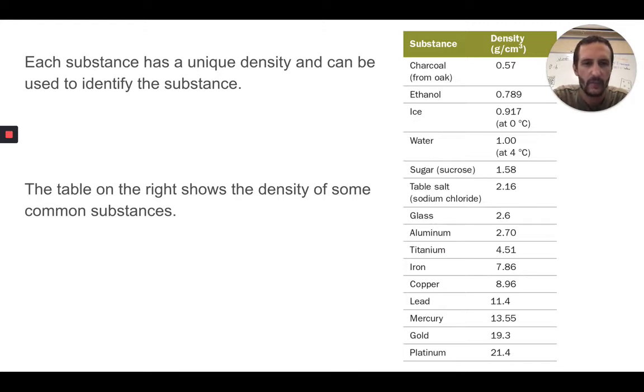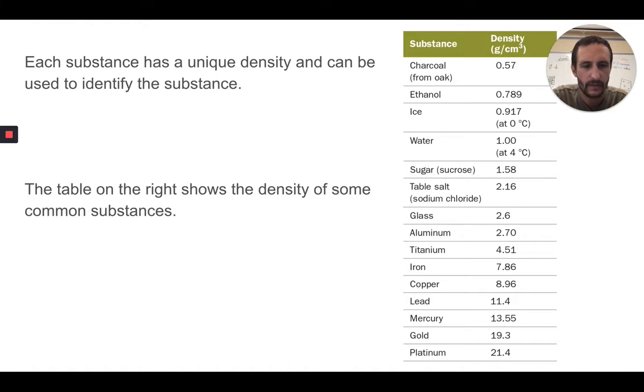This table right here shows some common densities for substances that you may be familiar with. Some things have rather low densities, like ethanol, which has a density less than 1. It's 0.789, while some things have very high densities, like gold or platinum, way down the bottom of the chart.